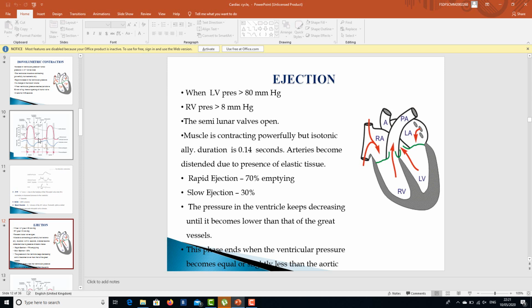So we have to remember the left ventricular pressure range of 80 millimeters of mercury and the right ventricular pressure range up to 8 millimeters of mercury. The semilunar valves are going to open and the muscle is contracting powerfully but isotonically, and the duration is about 0.14 seconds. The arteries become distended due to presence of elastic tissue.